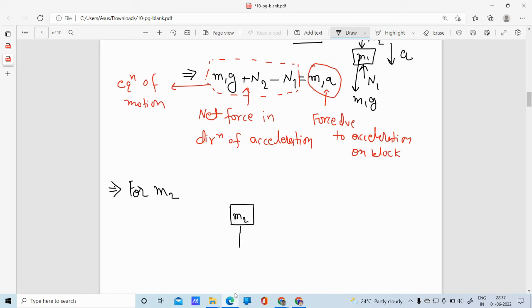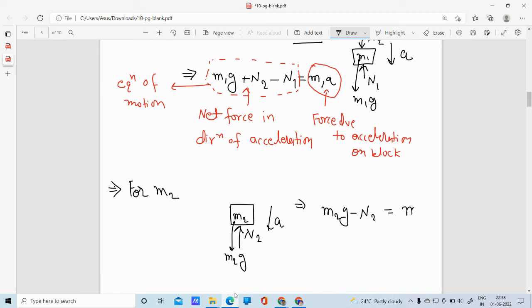So our M2 diagram is this. Only in the upward direction is N2, and M2g, the weight of block, and the acceleration. So the net force in the direction of acceleration is M2g minus N2, and this should be equivalent to M2a in the same direction.